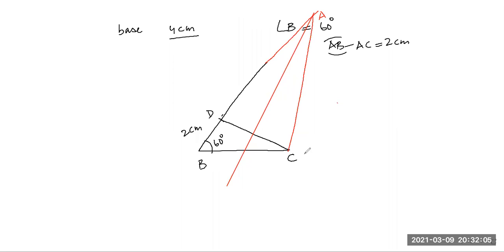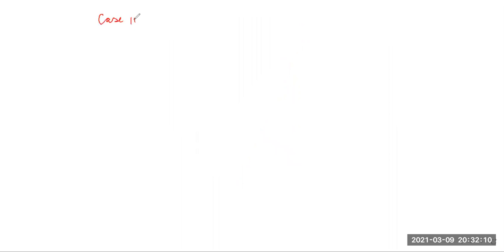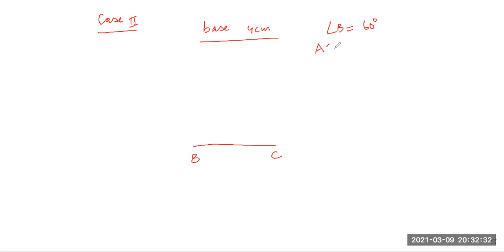Now let's discuss case 2. Case 2 is when the base is given, let's say again 4 centimeter. Okay, so I will assume my base to be BC. It's convenient. Base angle is also given. Let's say B is given 60 degree. Now it says AC minus AB is equal to 2 centimeter.